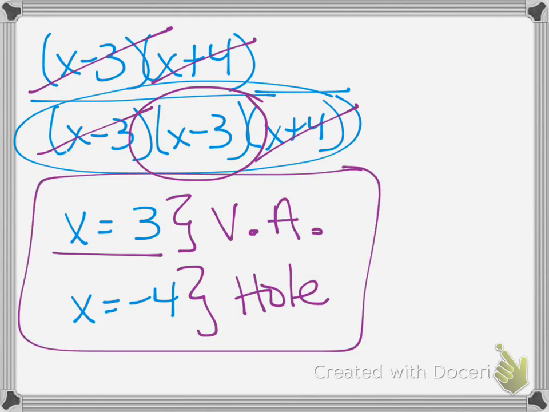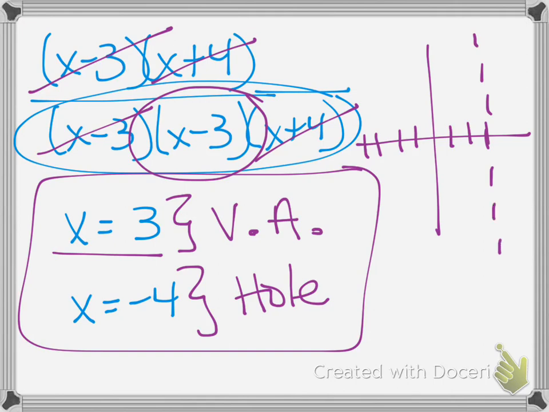So when x equals 3, I'll have a vertical asymptote. As a visual, if I have negative 4 and 3, at x equals 3 I draw a vertical line, showing that there's a boundary almost.